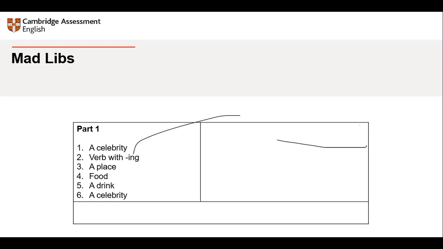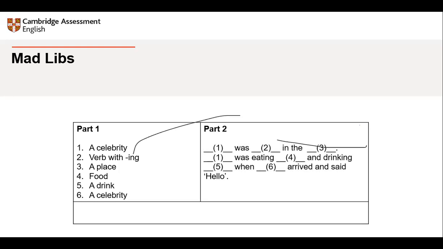Students would need to make a note of those bits of information that are required, right? And then I would start dictating a short text. So for example, you mentioned number one, Neymar. Neymar was. Two, you mentioned the verb with ing, speaking.